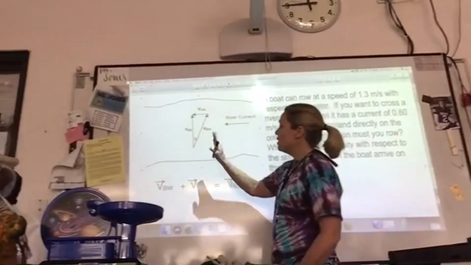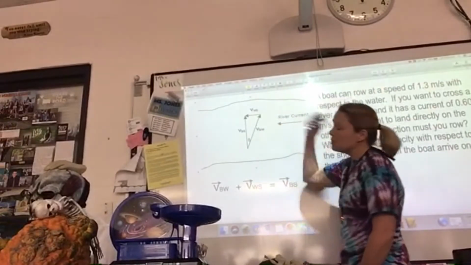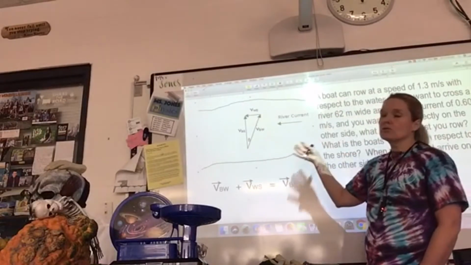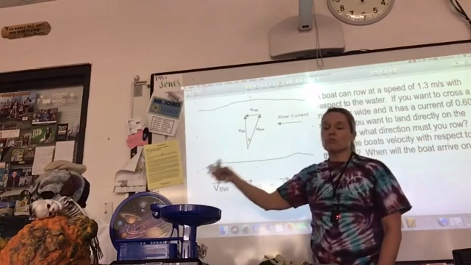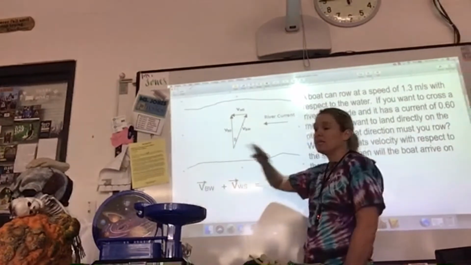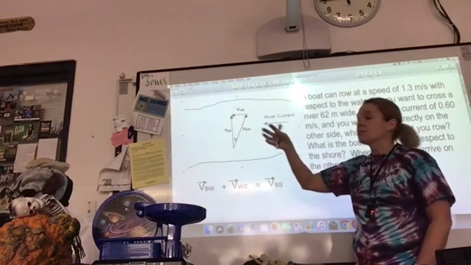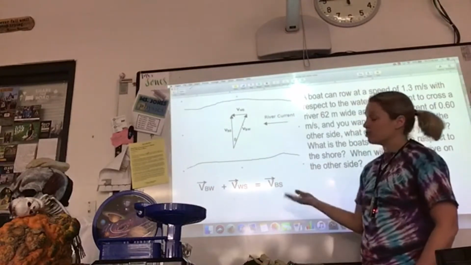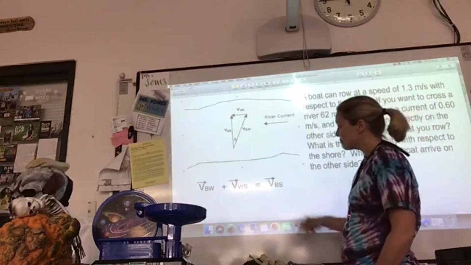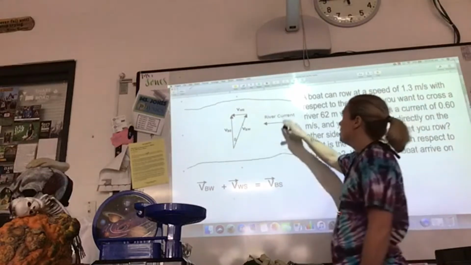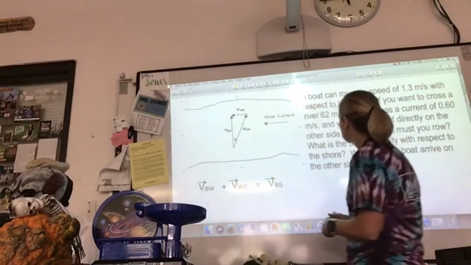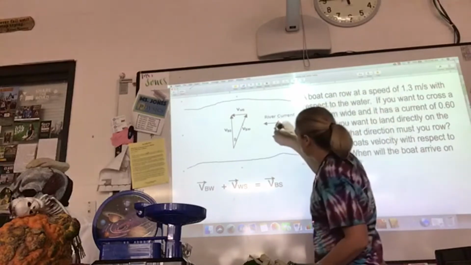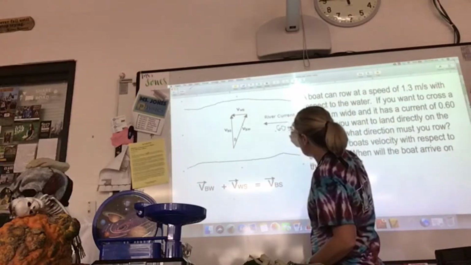Okay, so we know to look at, normally, this is all whatever. I normally make my rivers going right to left, but it doesn't matter. It just depends on the problem. And we always do upstream, downstream, so it actually doesn't matter when you answer it, as long as you're consistent. Okay, so I have my river going in this direction, and again, that would be 0.60 meters per second.